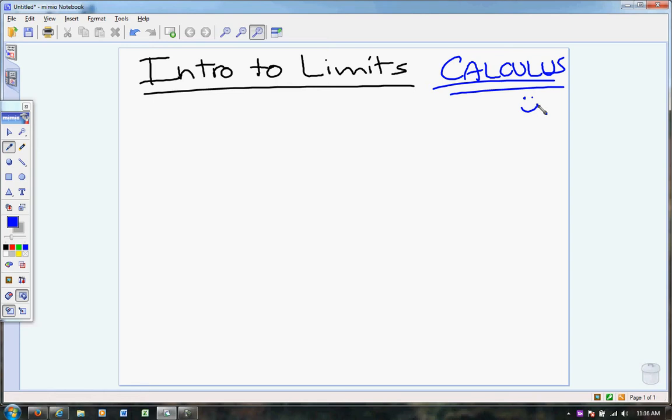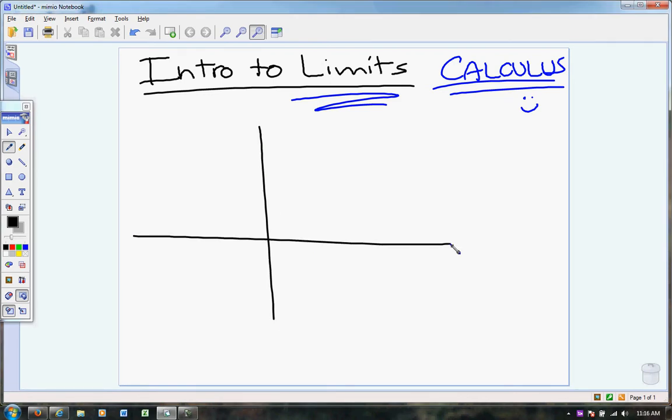So when we talk about this concept of a limit, which is very foundational in the whole world of calculus, we first have to go back to what we talked about last year over and over again, and that is the idea of what does f of x really mean? Okay?